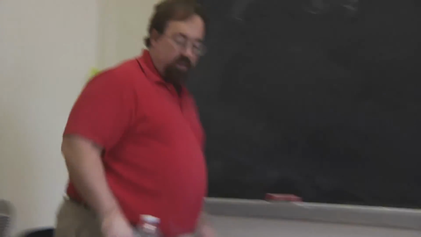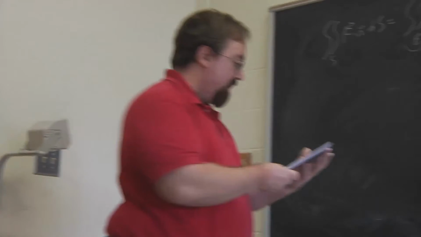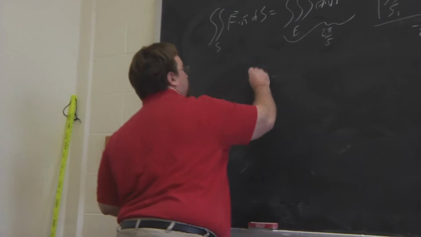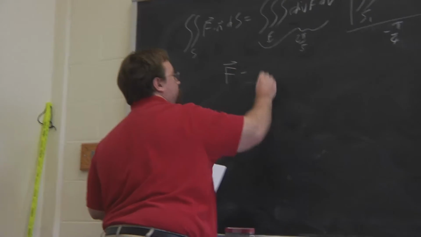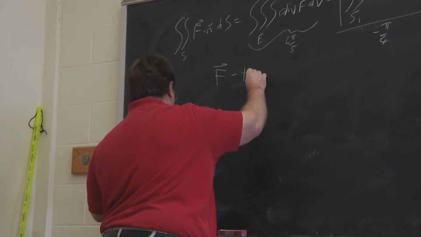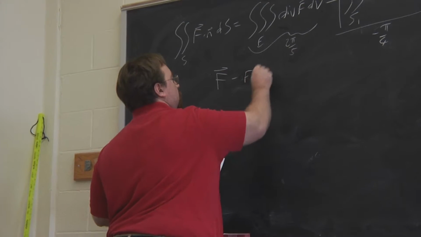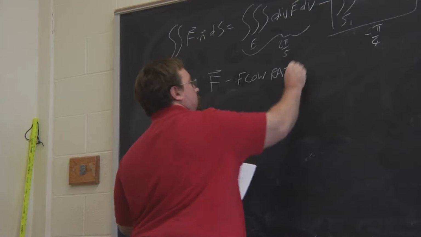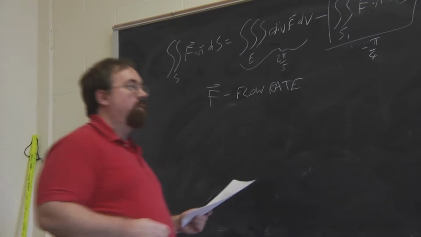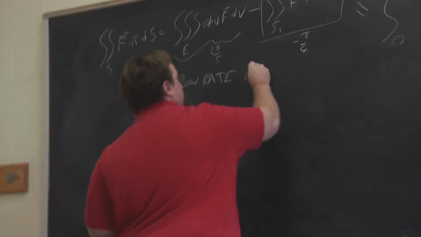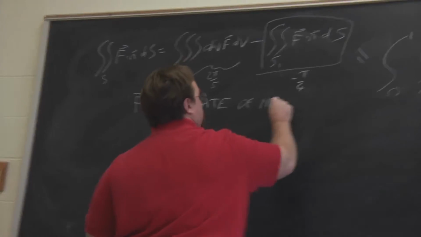So in this case, we're going to assume that F, the vector field, represents flow rate, so rate of flow with respect to time of heat energy.